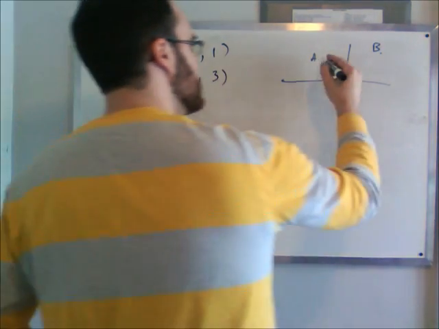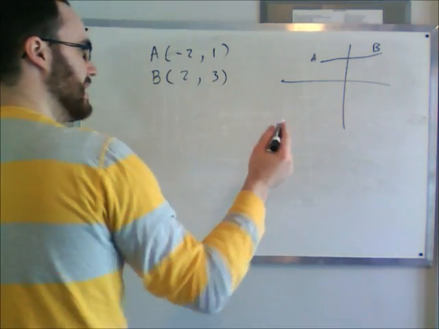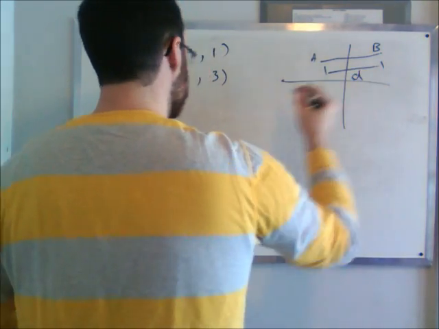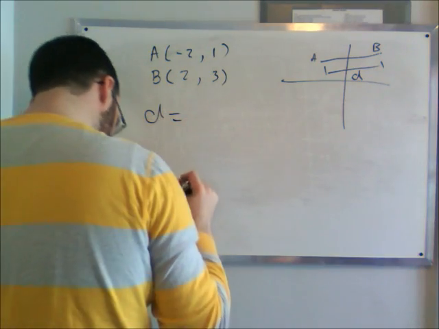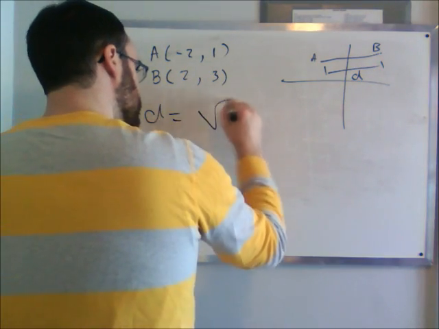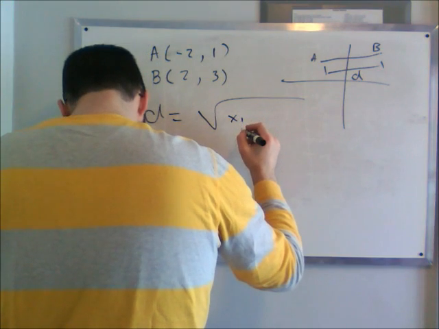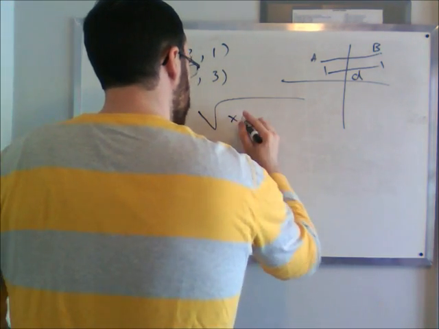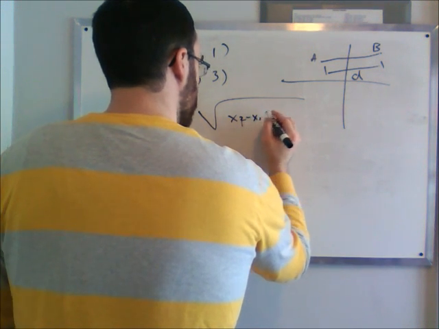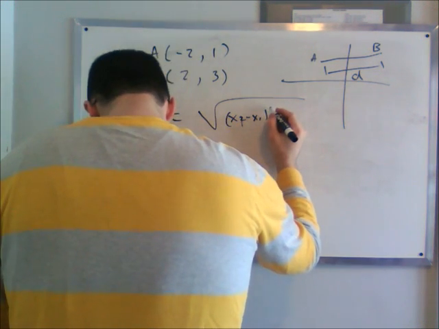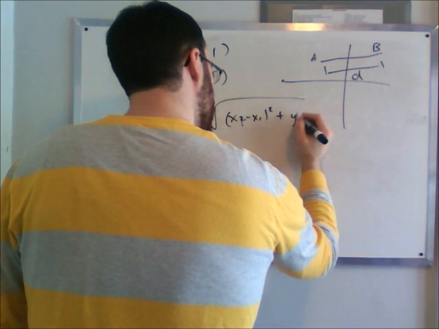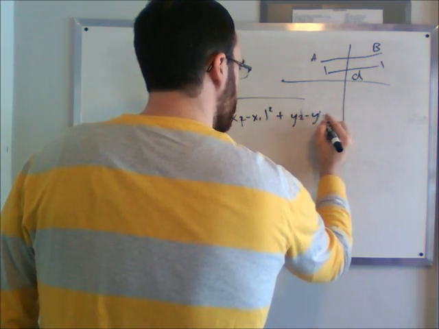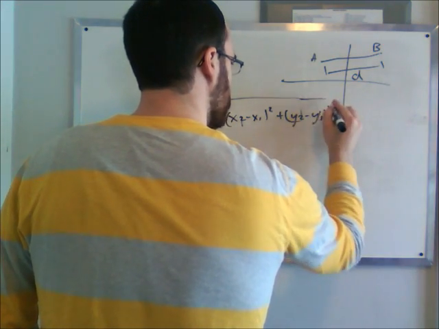If we want to find the distance between these 2 points, that length, so from here to here, is going to be our distance. D is equal to the square root of x2 minus x1 squared, plus y2 minus y1, I keep writing that opposite, sorry, y2 minus y1 squared.